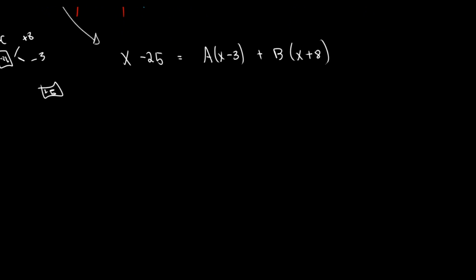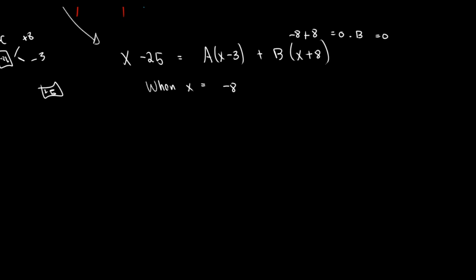Well, now the new idea is to create a 0. You want to either create b as a 0 or a as a 0. I like to start with solving for a. So look at this. We can say when x is equal to negative 8, what happens? I have negative 8 plus 8. That gives me 0. It will be 0 multiplied by b, which is 0.